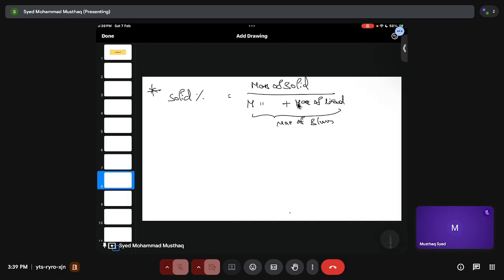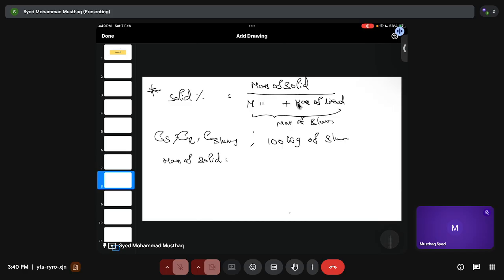Now let's define the densities also. This is for solid, this is for liquid, and this is for slurry, right? So you can write it like this. For example, let's take 100 kg of slurry. Then the mass of slurry will be solid plus liquid.